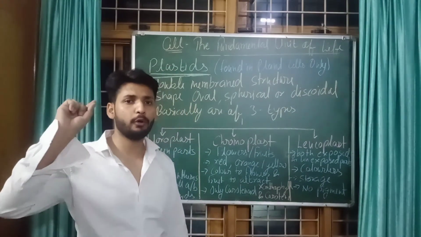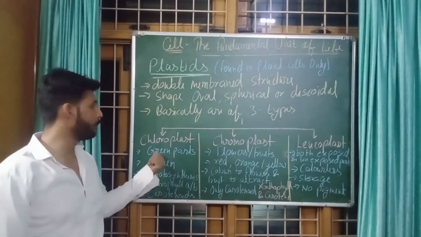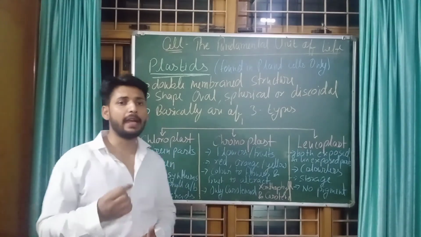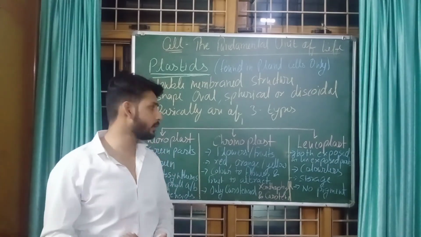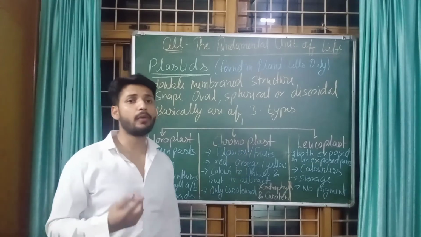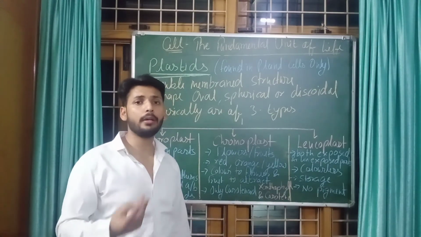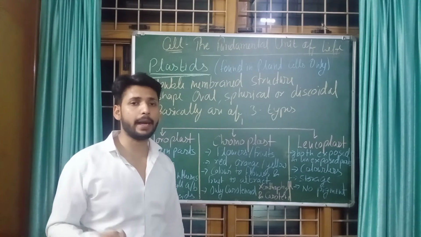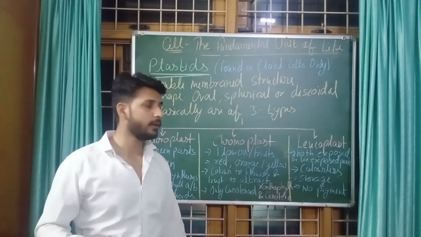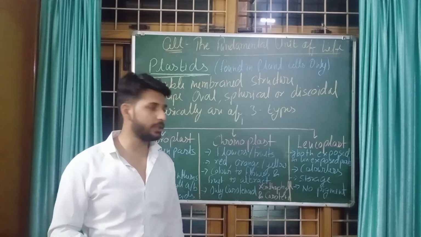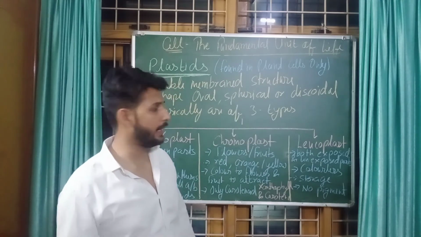So, what are the functions of plastids? One is photosynthesis, which is performed by chloroplast. Next, providing color to fruits or flowers so that it attracts animals or insects, which helps in their pollination or dispersal of seed.